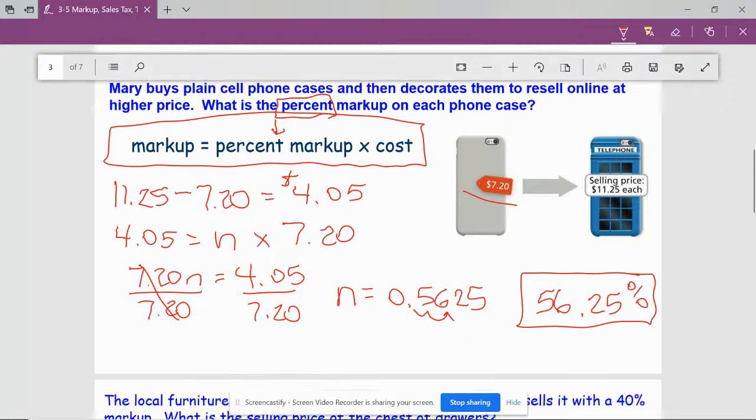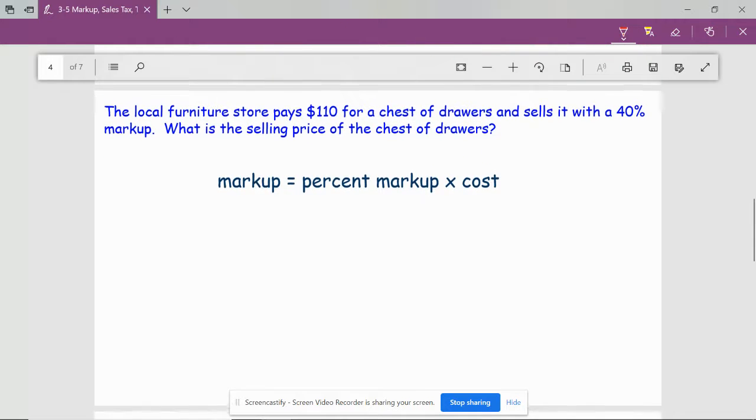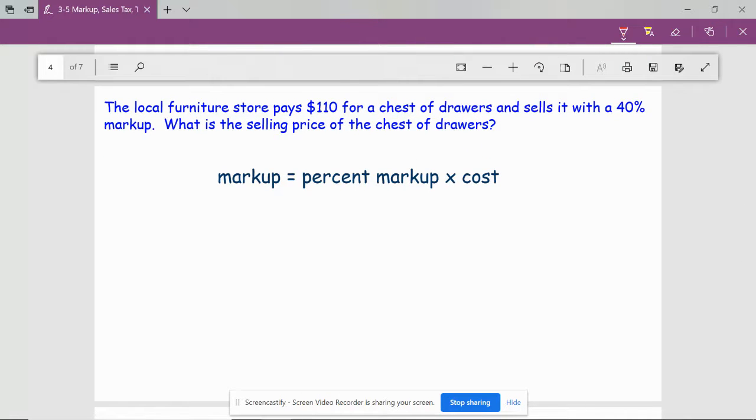Okay, so let's move on to the next one, and you can pause anytime you need to and slow it down. There's our equation again. The local furniture store pays $110 for a chest of drawers and sells it with a 40% markup. What is the selling price of the chest of drawers? So we are looking for our markup, our percent of markup, and our cost. We don't know what our markup is, and that's what it's asking us.